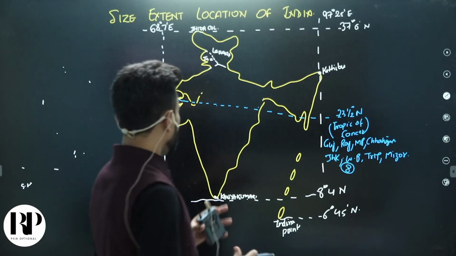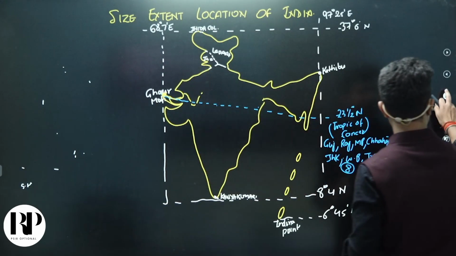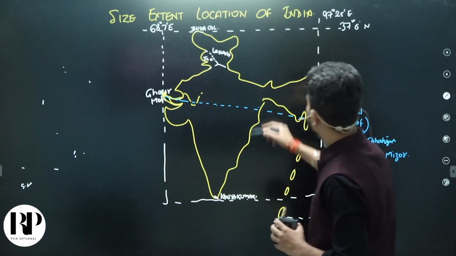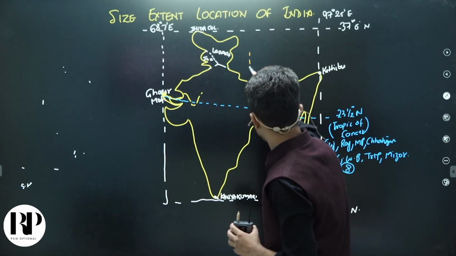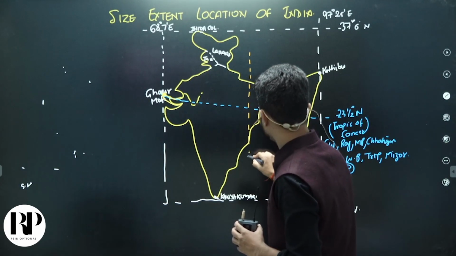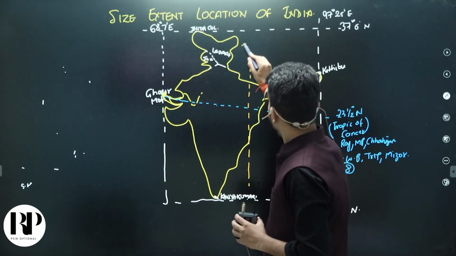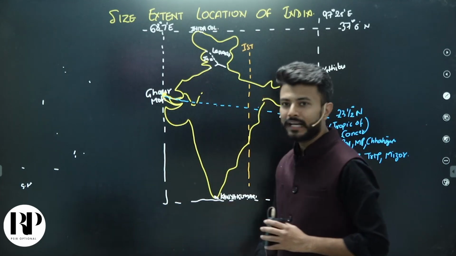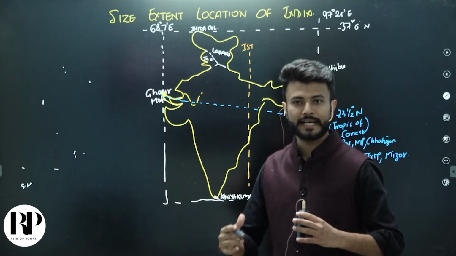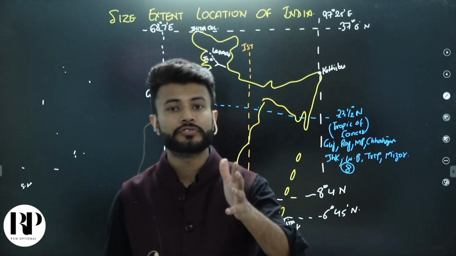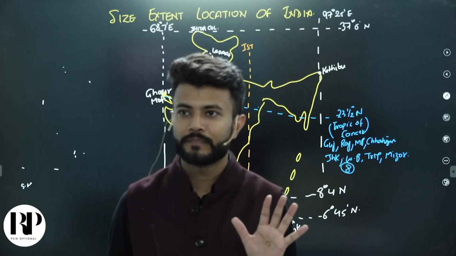Okay. Last important line when it comes to India is this one. Now this is what? IST, India's standard time, the standard meridian of India. Meridian is also a word used for longitudes, right?